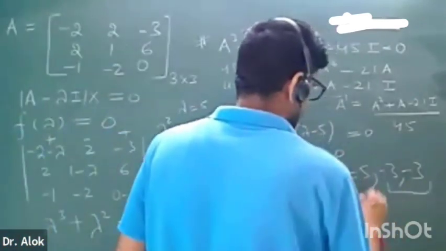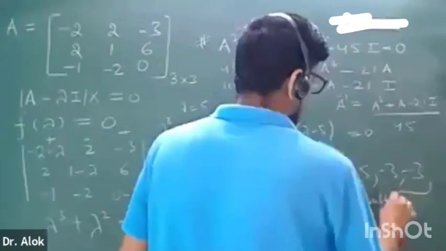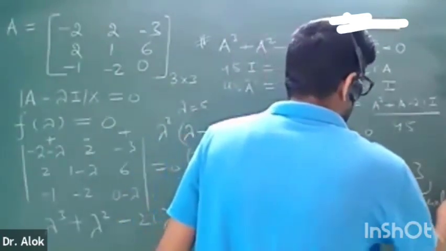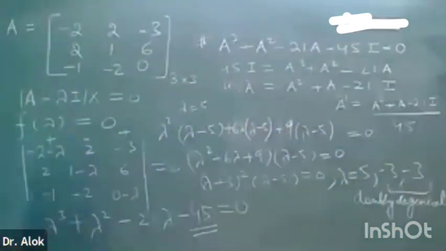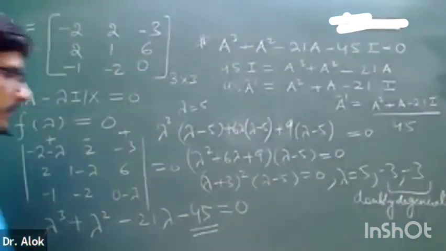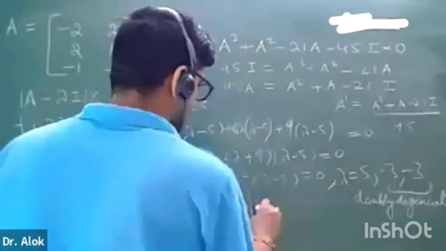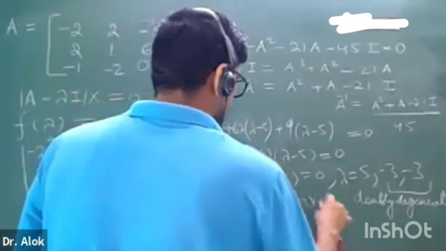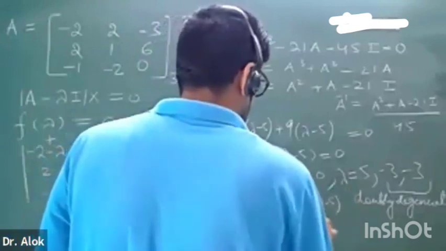And you can see clearly the degeneracy, doubly degenerate. If you want to write one more step here, you can write it like this: lambda plus 3, lambda plus 3, lambda minus 5 is equal to 0.